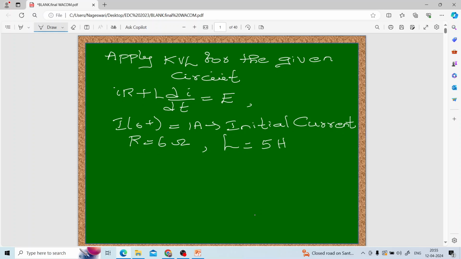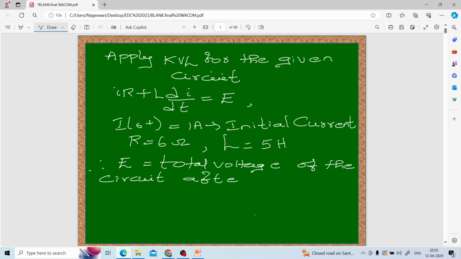Now the E is nothing but the total voltage of the circuit after opening the switch. I already discussed the circuit after opening the switch. So what is the total voltage?